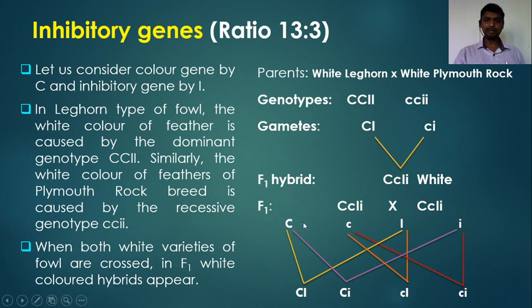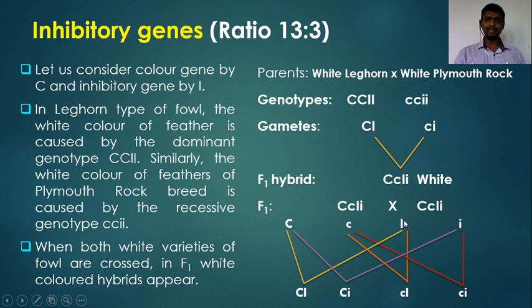The alleles of one parent I write separately, capital C, small c, capital I, small i, and make the combinations here. Capital C may associate with capital I, or with small i, giving gametes CI and Ci. Small c may associate with capital I or small i, giving gametes cI and ci.